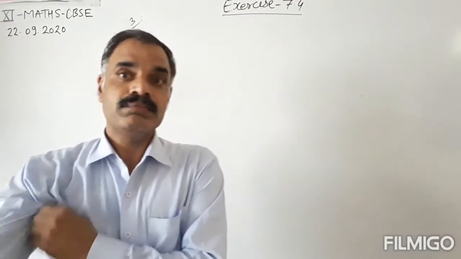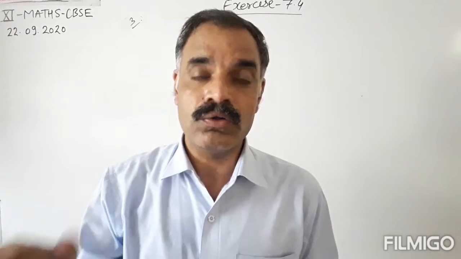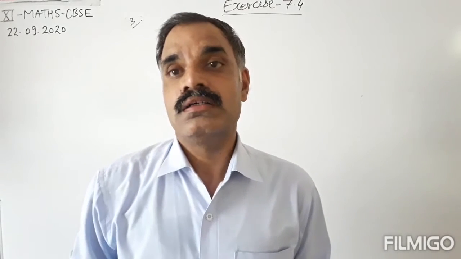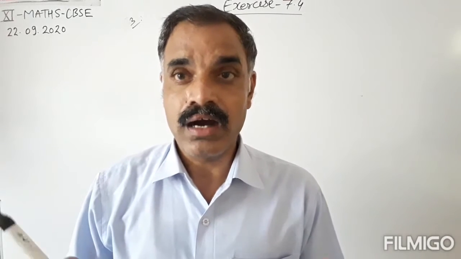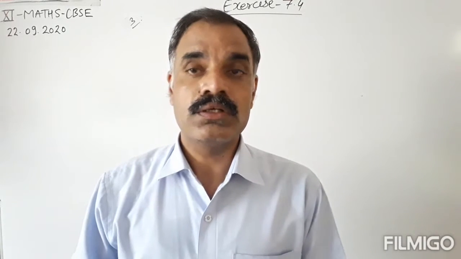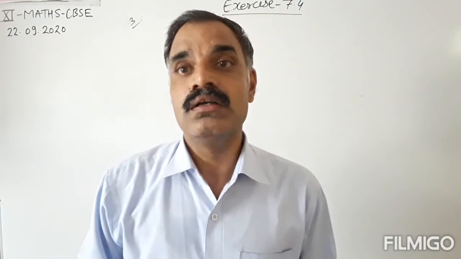Okay. Means we have been given a circle and 21 points on the circumference of the circle. And we have to find how many chords can be drawn using these 21 points on the circle.